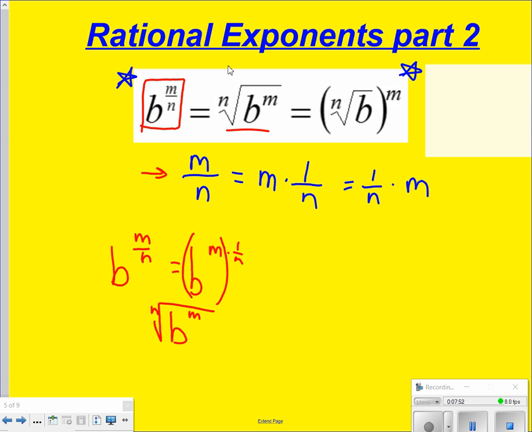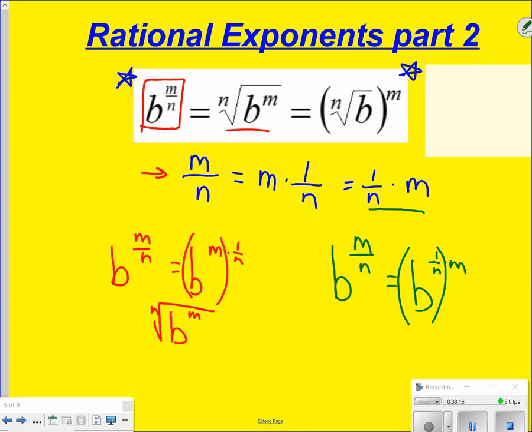So I'm going back to the first one. B to the m over n. So any number raised to some fractional exponent, some rational exponent, is the same thing as b to the, let's rewrite it this way, 1 over n times m. And again, I want to focus on just one piece at a time. Let's focus on this piece first.